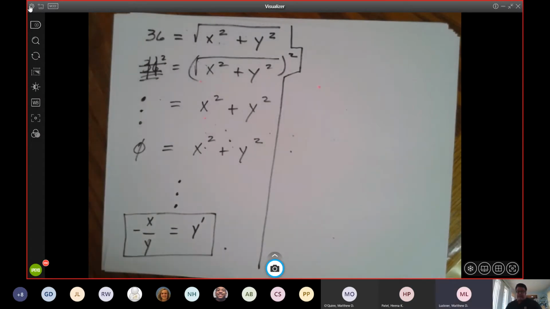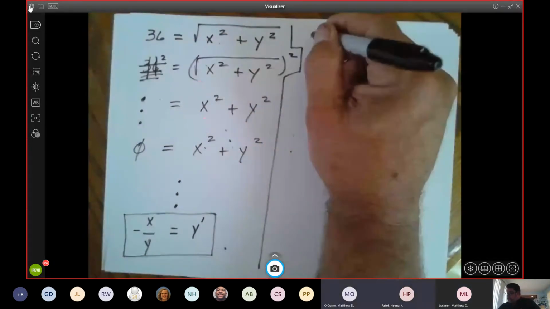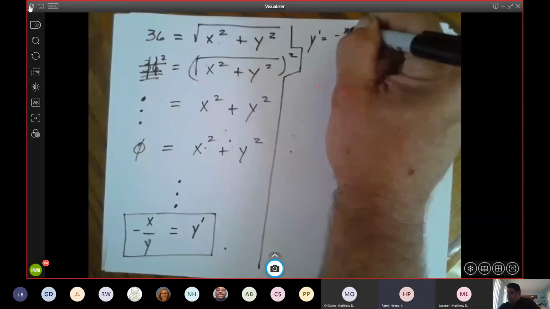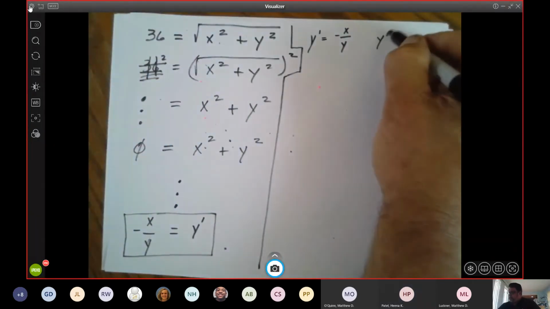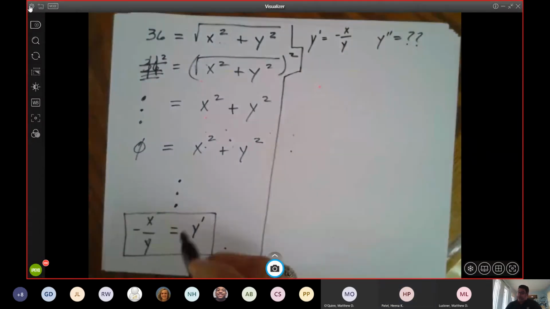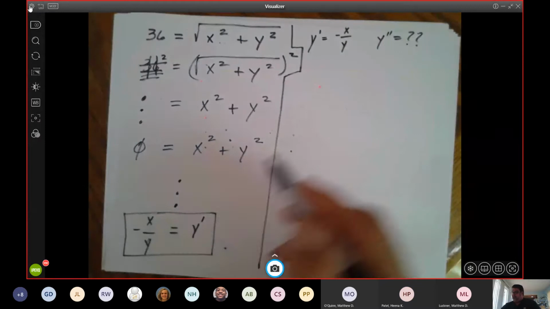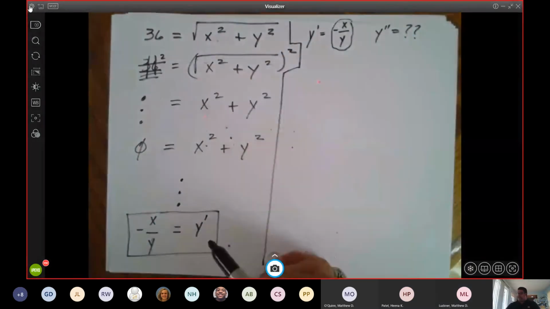Okay, so here's my y prime. Y prime is equal to negative x over y, and I want y double prime. So that means I got to take the derivative of negative x over y.